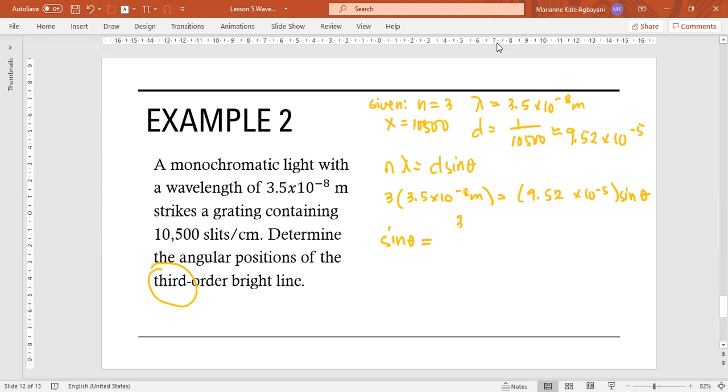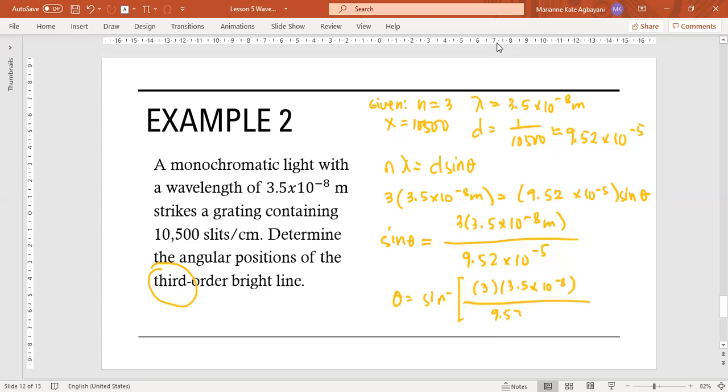It will be equal to 3 times 3.5 times 10 to the negative 8 meters. O pwede na dili apilon ang meter. Okay, sige lang, apilon na lang na to. Over 9.52 times 10 to the negative 5. So we have here theta is equal to sine inverse of 3 times 3.5 times 10 to the negative 8 all over 9.52 times 10 to the negative 5.